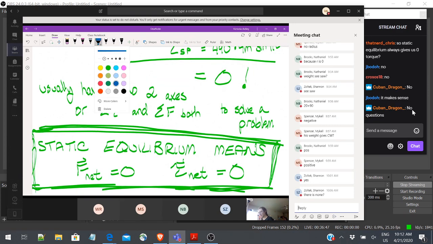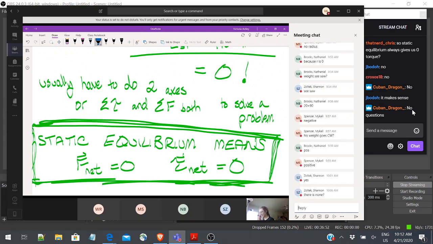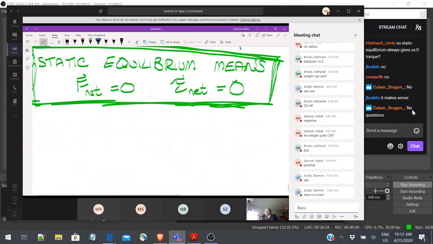Switch to a less eye-bleeding color here. No questions. Okay, good. It's like, no, you don't have any questions, or no, it doesn't make any sense. Okay, that's good. All right, static equilibrium, check.